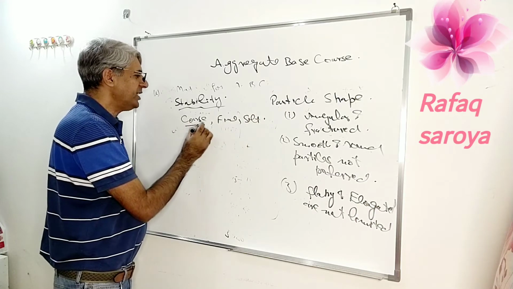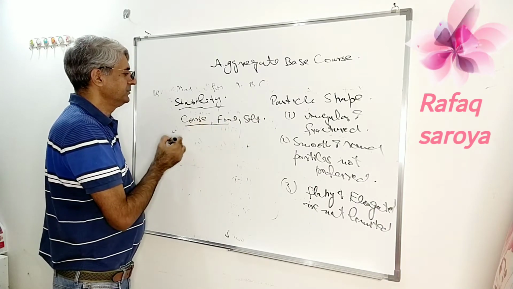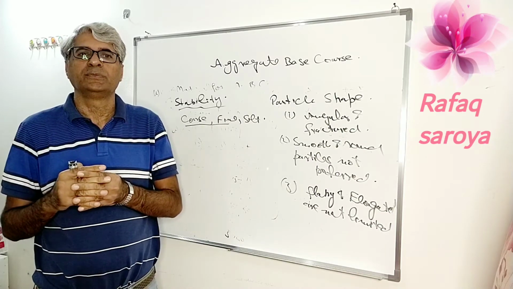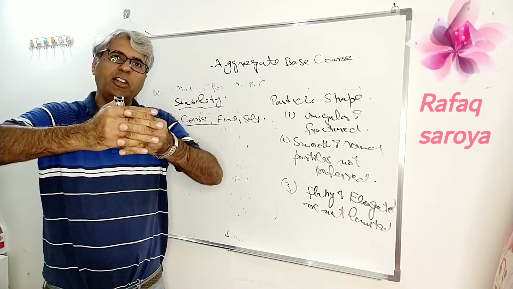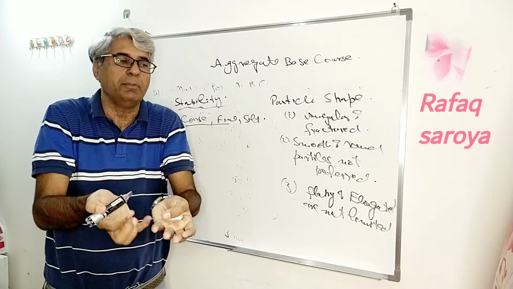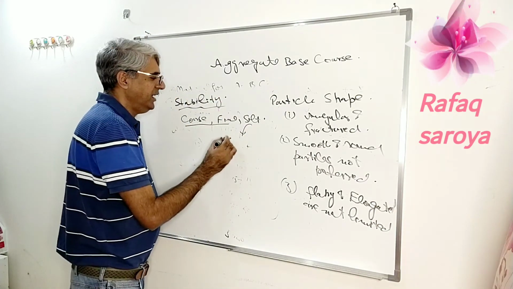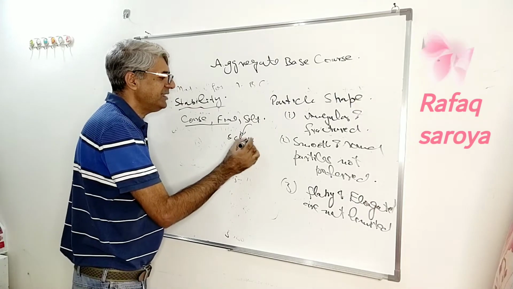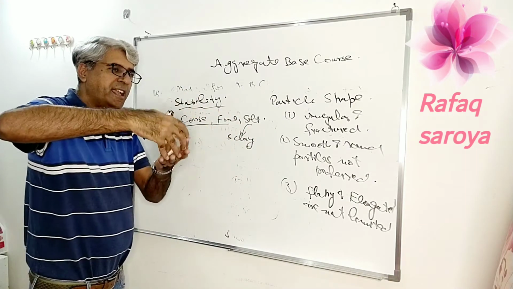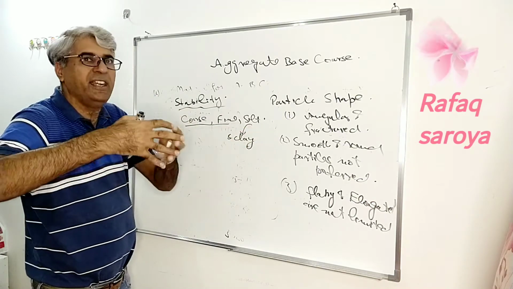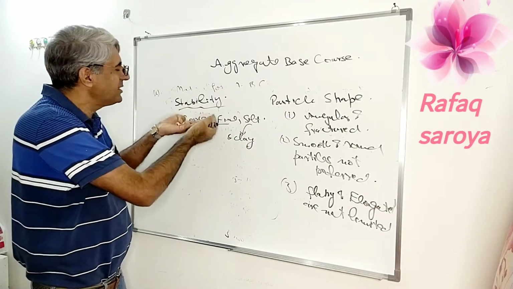This coarse and fine are going to interlock with each other. You see, the aggregates have interlocked with each other and there is space between them, and this space is filled by the silt material and clay material. When it is filling, it is going to interlock them and bind them. So this is the binding characteristic. In this way the stability can be increased.